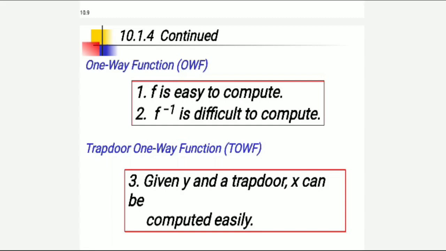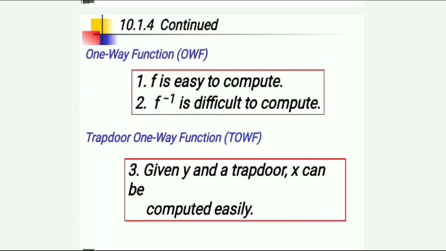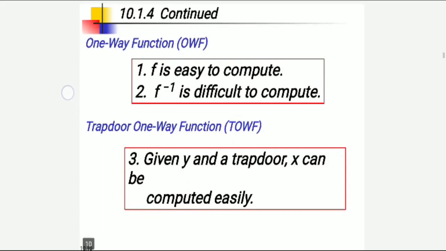Here, the trapdoor one-way function plays a major role for asymmetric cryptography. Why? A trapdoor function is a function that is easy to compute in one direction, yet difficult to compute in the opposite direction without special information called the trapdoor. What is a trapdoor? A trapdoor is a small door in the main door using which we can enter a house.